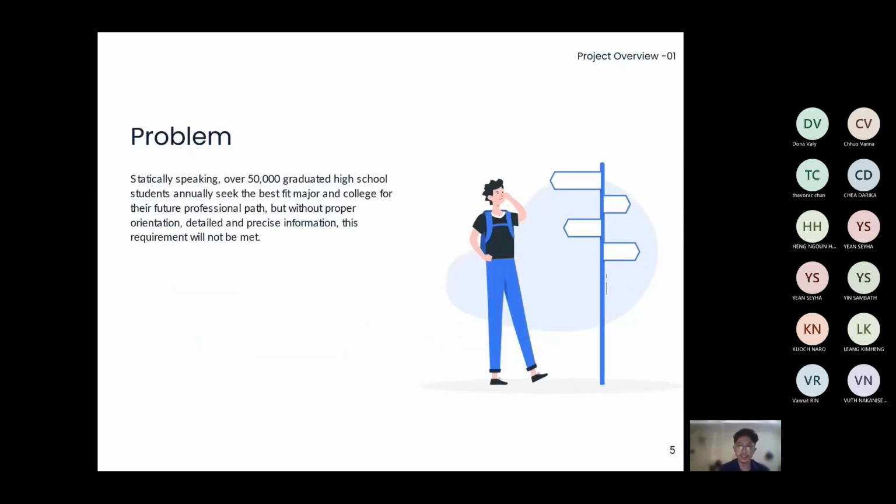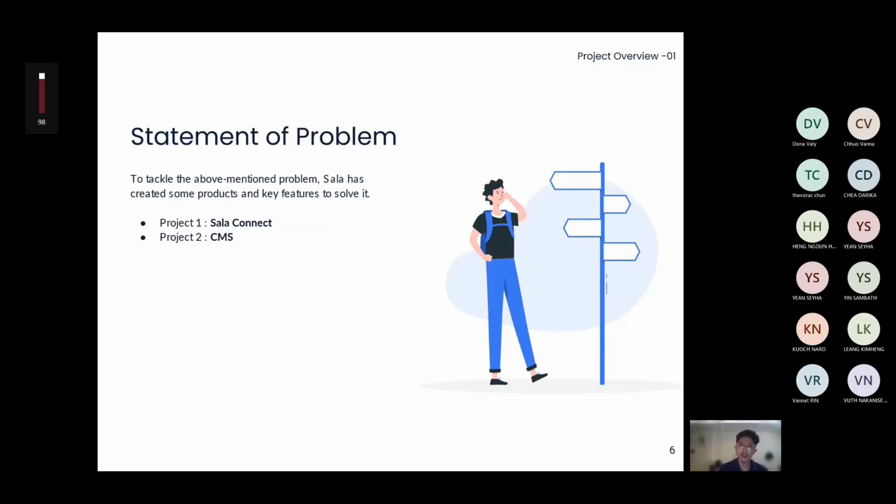In order to head into the project description, I would like to state the problem that created the project, or the solution. Statistically speaking, over 50,000 graduate high school students annually seek the best fit major in college. Without proper orientation and proper information, the requirement will not be met. To solve that problem, Salah has to create some features or products.